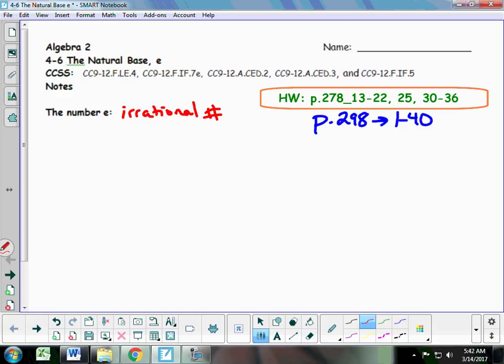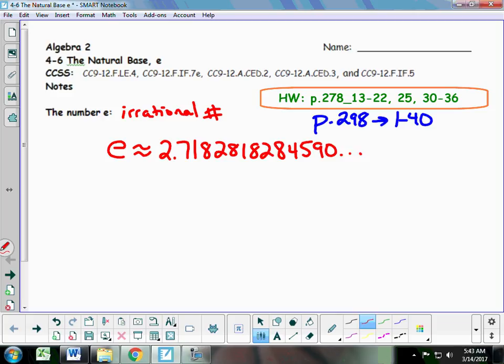E is approximately equal to 2.7182 81828, and it looks like it's repeating, but then if you keep going, 4590. And so that's approximately the value.